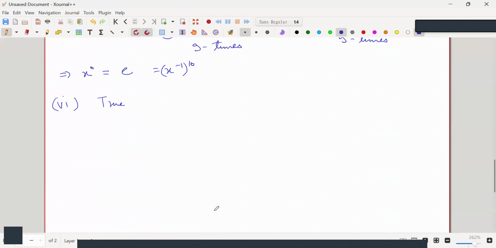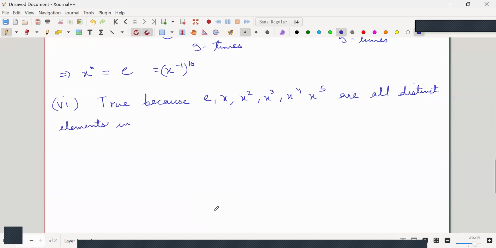This is true because identity, x, x square, x cube, x^4, x^5 are all distinct elements in G. So what is the justification?